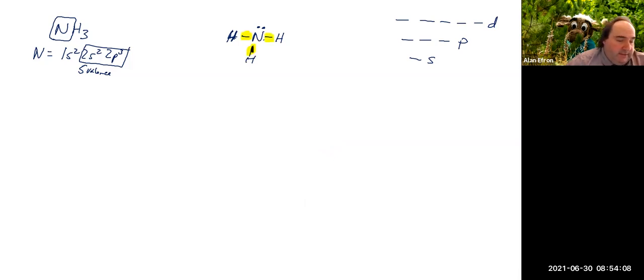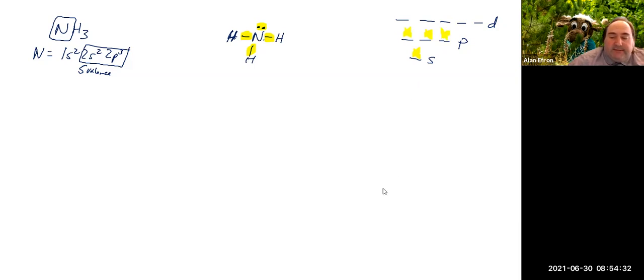And just like with geometry, these dots count, so it doesn't matter if they're lines or dots. We count up the total number of electron pairs. Again, we would treat our double bonds and triple bonds like single electron pairs as well. Now, if we come over here, this is 1, 2, 3, and 4 electron pairs.